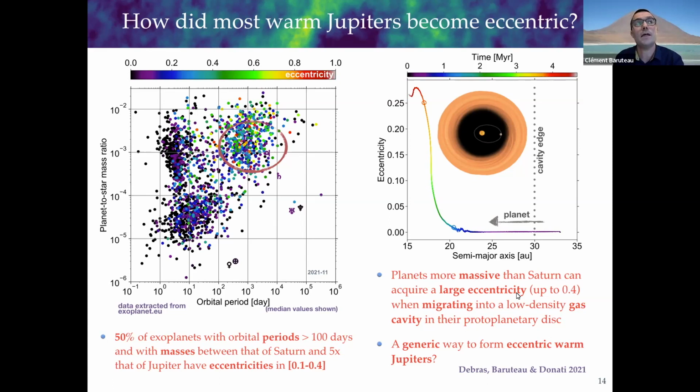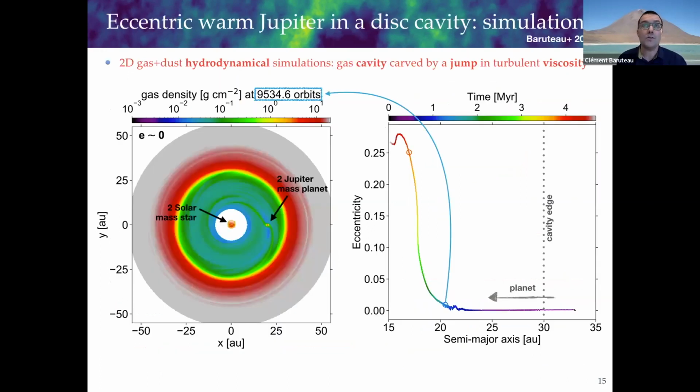we tried and looked for the observational signatures that eccentric Jupiters would have in their disk emission. So let me tell you a little more about what we've done. So what we did was two-dimensional hydrodynamical simulations modeling both the gas and dust of a protoplanetary disk.